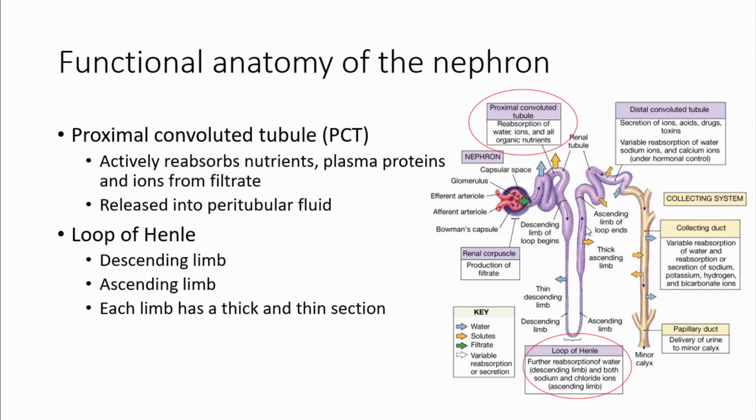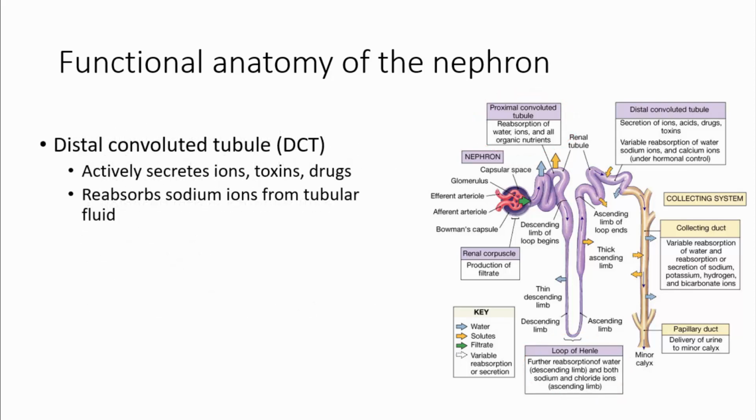The loop of Henle, which is down here, we have a descending limb, the loop itself, and an ascending limb, and both limbs have a thick and thin part, and that's going to determine what is going to pass through, whether it's just water, whether it's just solutes, or so on. Now the distal convoluted tubule is over here, and it actively secretes ions, toxins, drugs. It reabsorbs sodium ions from the tubular fluid.